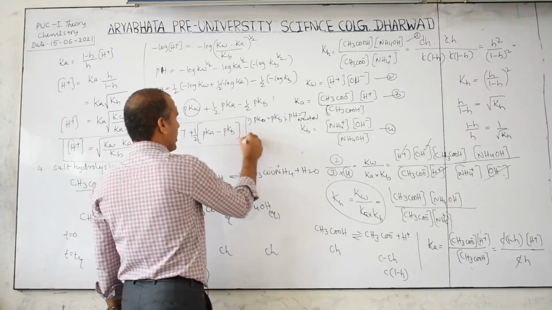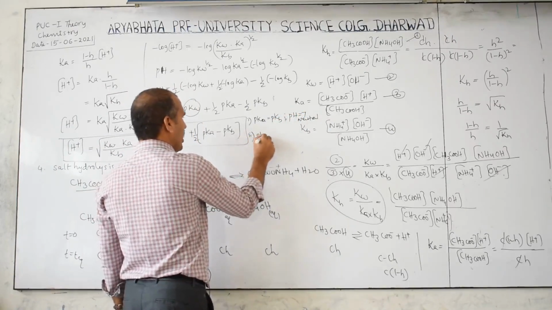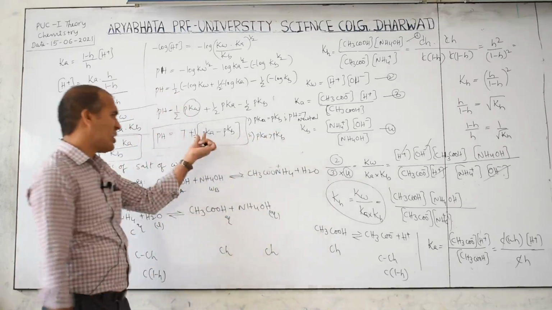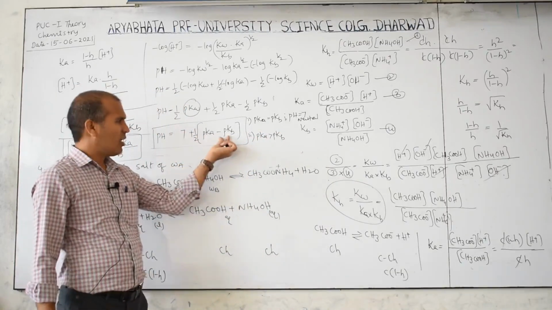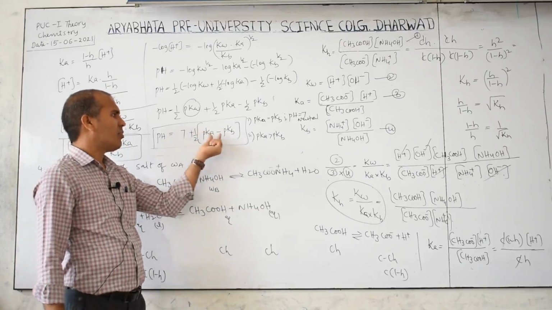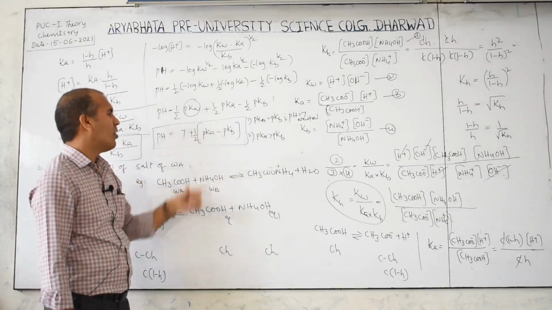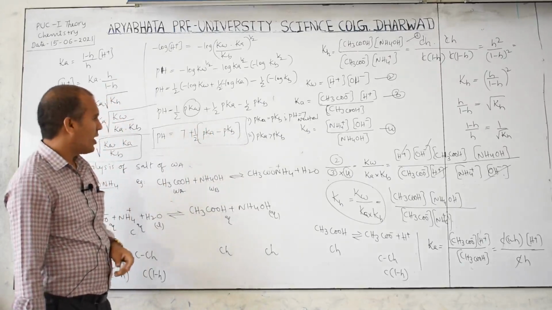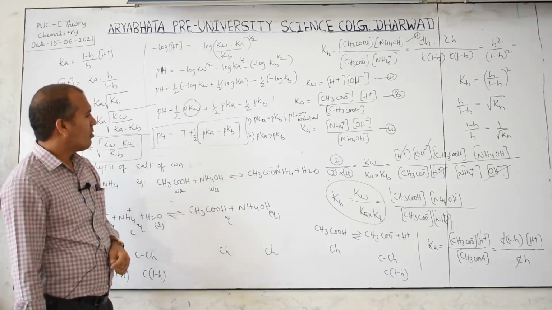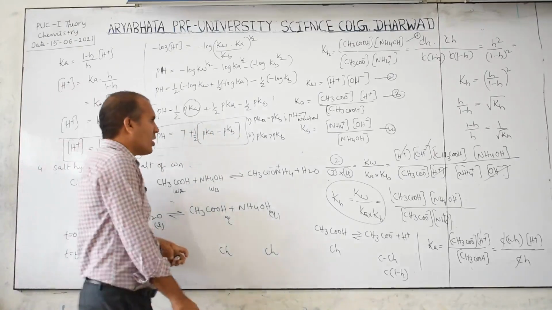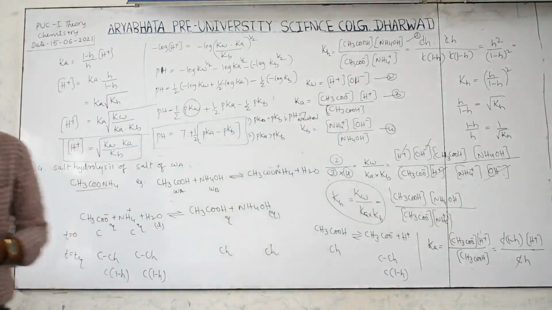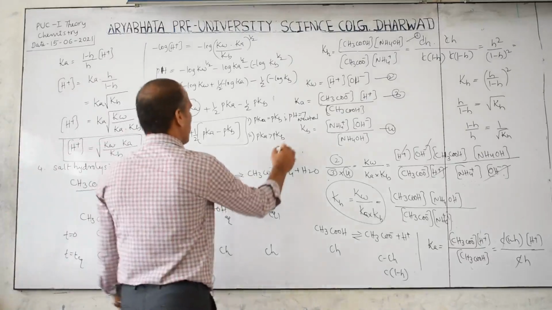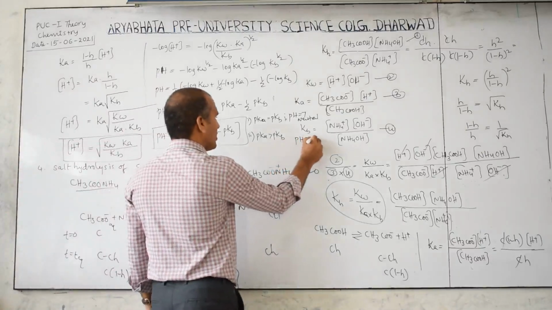Second condition, pKa is greater than pKb. When one is higher and the other lower, you automatically get a positive value. When you get a positive value, 7 plus something, that is basic nature. pKa is greater than pKb, therefore pH is greater than 7, that is basic.